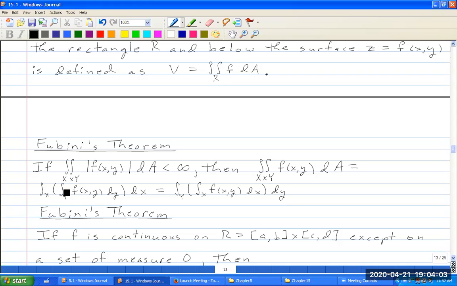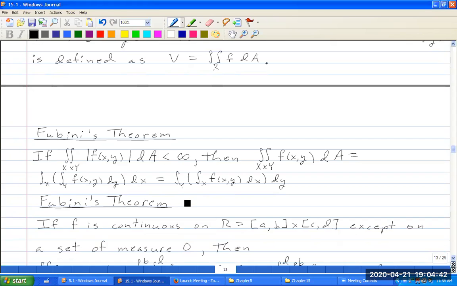The integral of f of x, y integrated with respect to y, and then integrated with respect to x over the sets X and Y, which is the same as the integral of f with respect to x over the set X, then integrated with respect to y over the set Y.